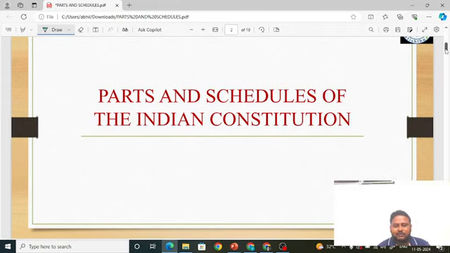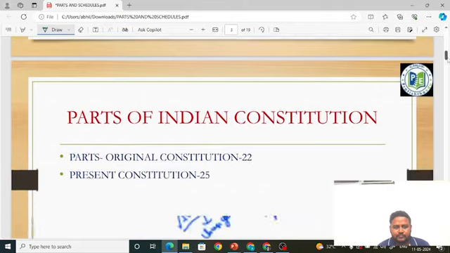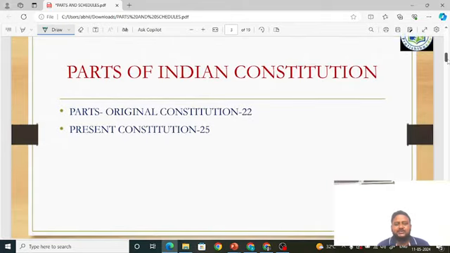Let's see how many parts, how many schedules are there, and what each part and each schedule says. When it comes to the parts of the Indian Constitution, parts basically mean chapters. When the Constitution was originally framed, 26th January 1950 was the commencement of the Constitution.